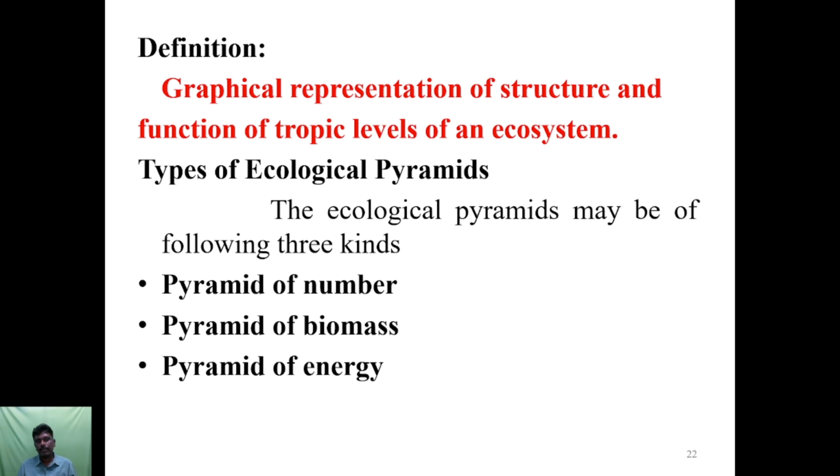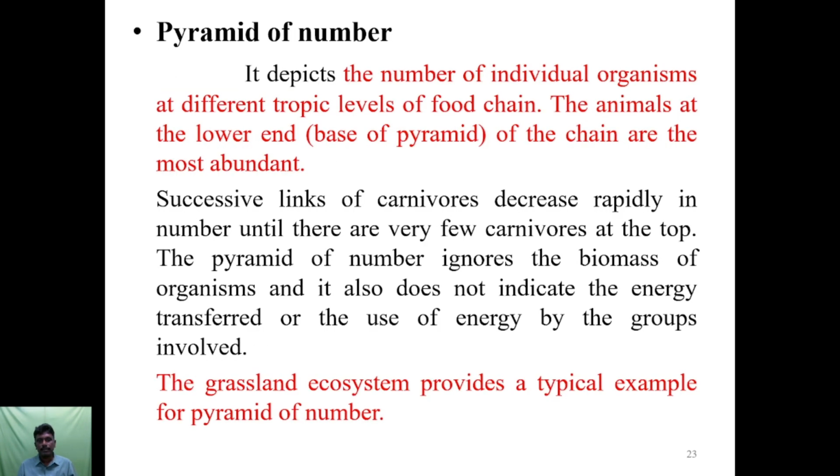Then types of ecological pyramids. The ecological pyramids may be of the following three kinds: pyramid of number, pyramid of biomass, pyramid of energy. Based on number, based on biomass, based on energy, they are classifying the pyramids. First one, pyramid of number.